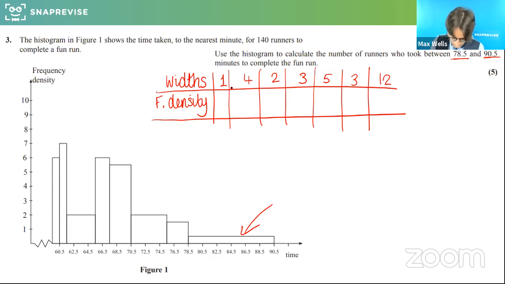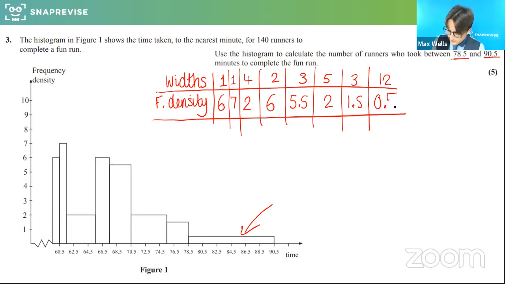So what we've got, and we've got another one in there. Okay, so the first one, the frequency density is 6, then it's 7, then it's 2, then it's 6, then 5.5, then 2, then 1.5, then 0.5.